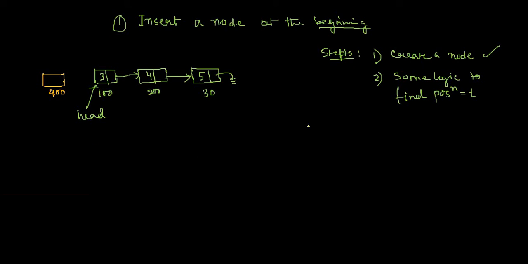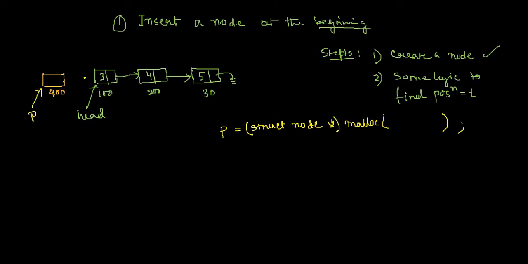The way of creating a node, we all know: P equal to struct node pointer, then malloc, and so on. I'm not going to write everything. As soon as this line gets executed, the node will be created and pointed to by P.